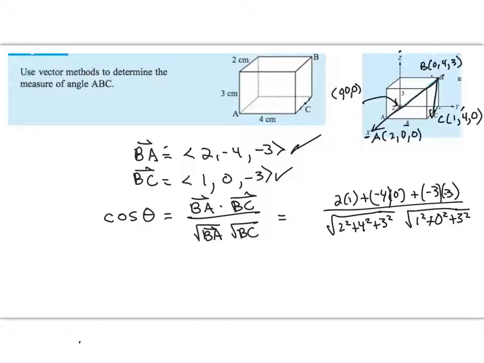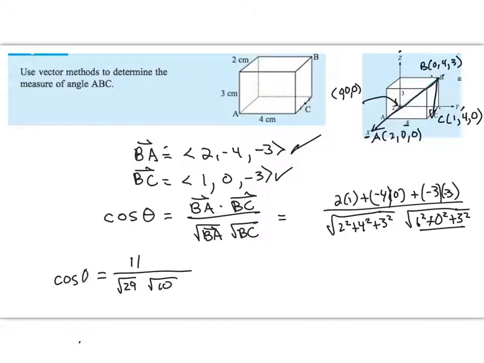And let's see if we can simplify that a little bit. So that's going to be 2 plus 0 plus 9, that's 11. And in the bottom, 2 squared is 4, plus 16 is 20, plus 9 is 29. And then this is 1 squared here, and 3 squared is 9, so that'll be radical 10.